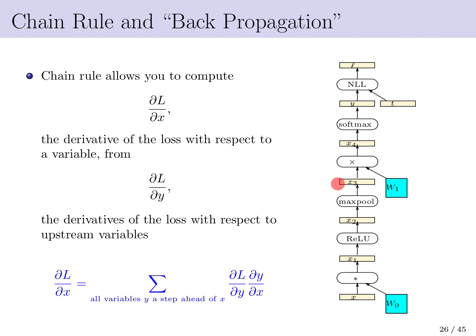But you repeat this along the network until you get the derivative of L with respect to this x1, and then you get the derivative of L with respect to this W0. So you repeat applying the chain rule to obtain the gradient of L with respect to a variable in all the layers of the network.